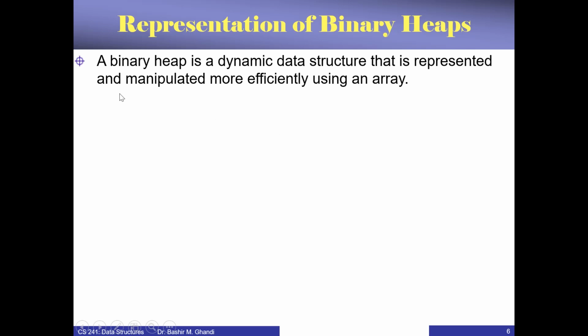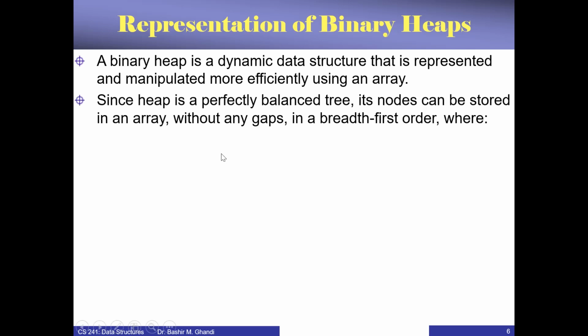Although conceptually we should still draw it as a link structure with a root and left and right, in reality, when we go to the implementation, it's going to be a simple normal array. Okay, so if it is going to be an array, how then do we store the elements? It says since heap is a perfectly balanced tree, its nodes can be stored in an array without any gap in breadth first order.